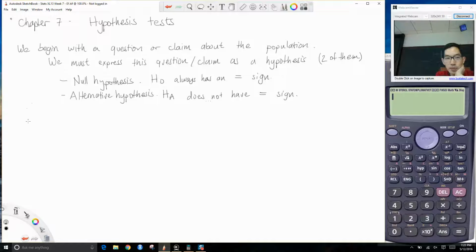Okay, and then we take a look at our data. Okay, and then we calculate a p-value, which is a probability.